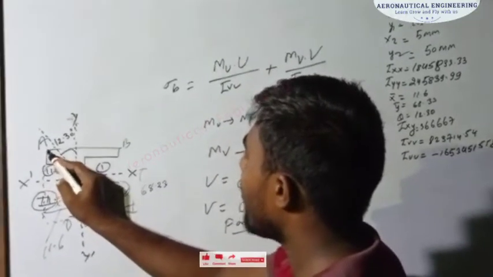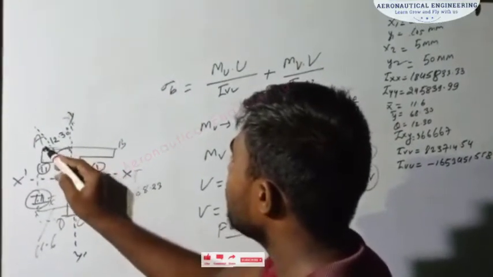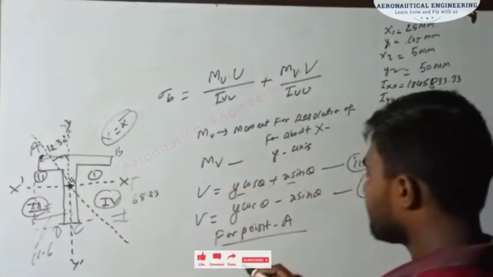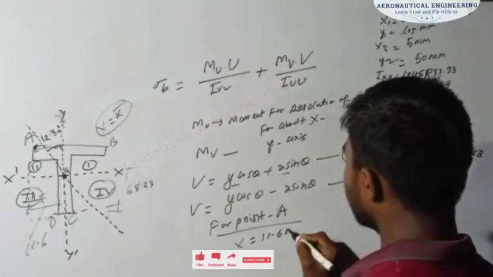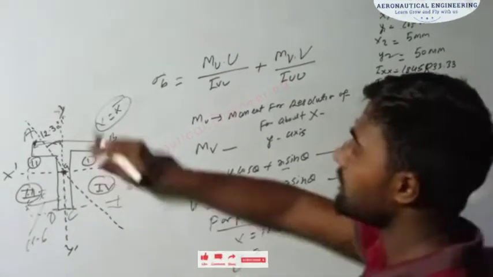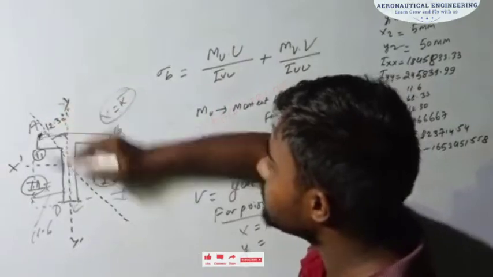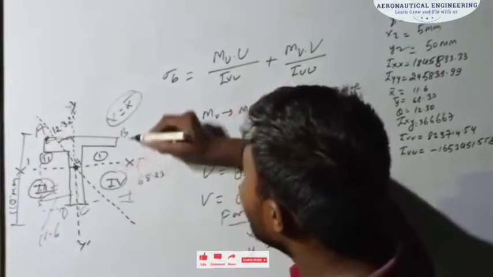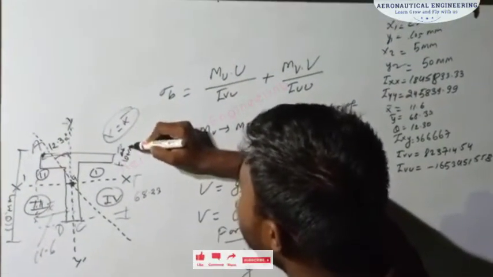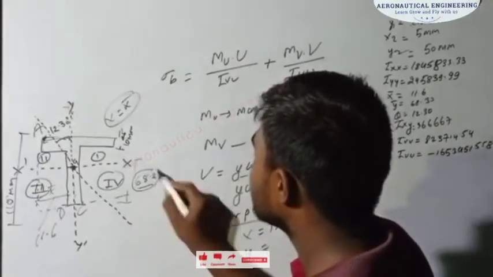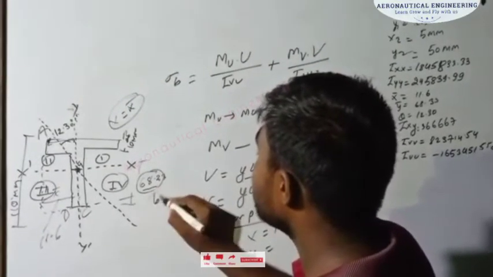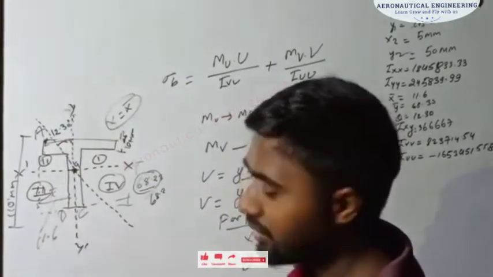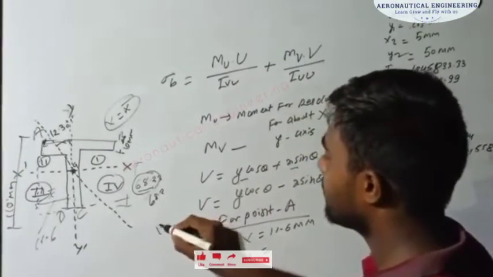So for point A, the x value equals the x bar value because it is the same length, so x equals 11.6 mm. For the y value, that means the vertical length, the total length is given as 110 mm and this length is 10 mm. We already know the y bar value is 68.33, so we have to calculate this length: 110 minus 68.33.